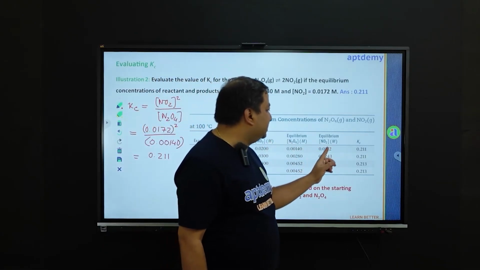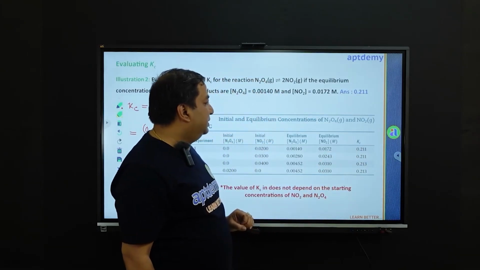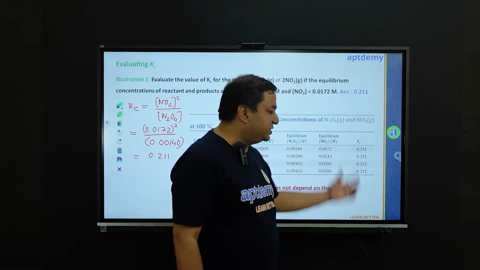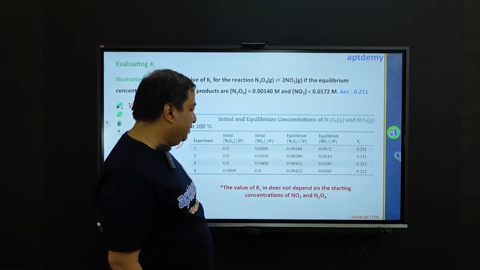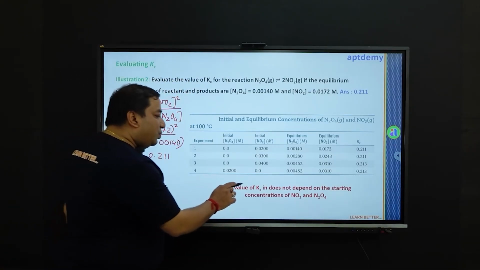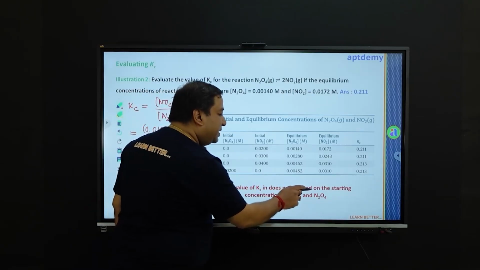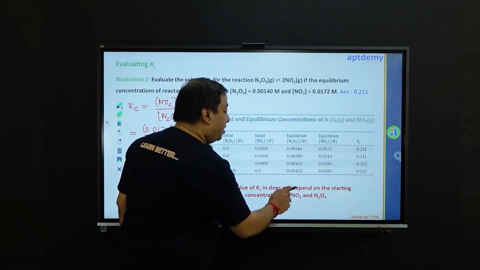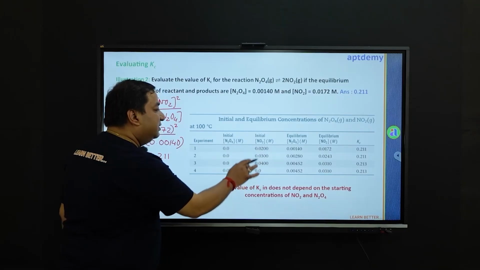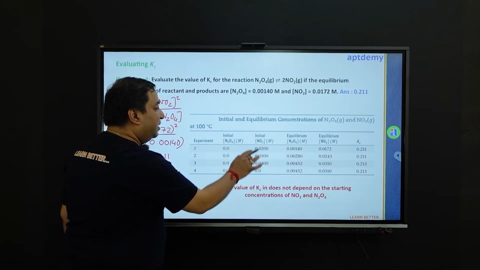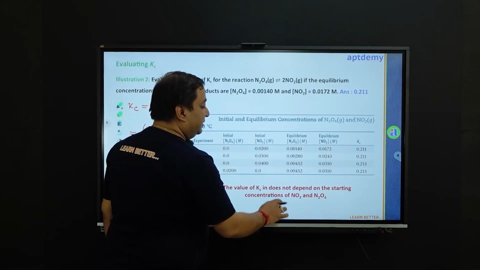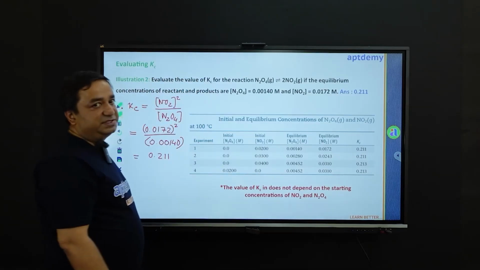But if we use these concentrations and keep calculating the Kc values, we see the Kc values differ by a very slight amount; they are almost equal. That means we come to a very important conclusion. And what is the conclusion? The value of Kc does not depend on the starting concentrations of NO2 and N2O4. So even though we have different concentrations of NO2 or N2O4, the equilibrium constant will never change.